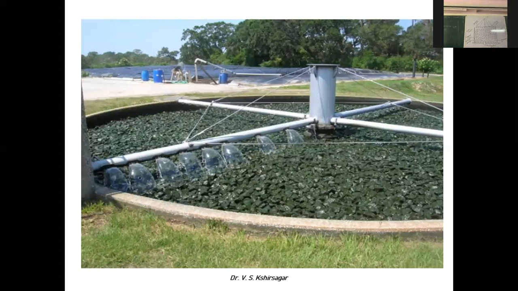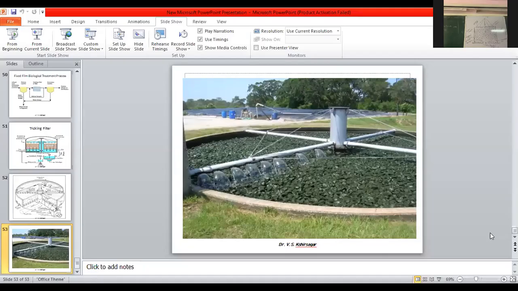Okay, with this assumption, I will request you to write about the trickling filter. Please write down, in bullet form.